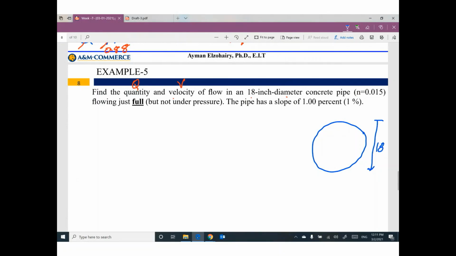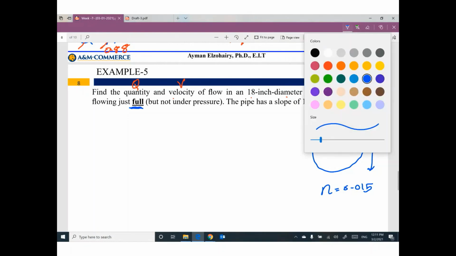Looks like the same. Manning coefficient equal 0.015, but flowing full, but not under pressure because it's still open channel. And the slope equal 0.01, 1%.